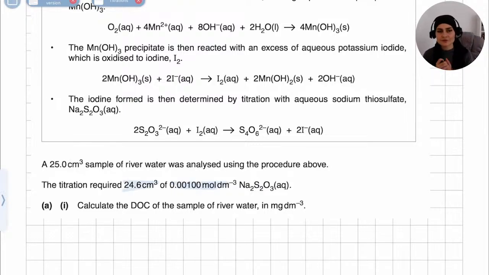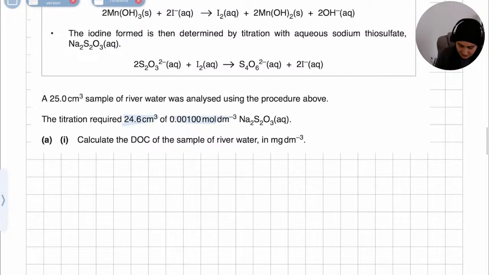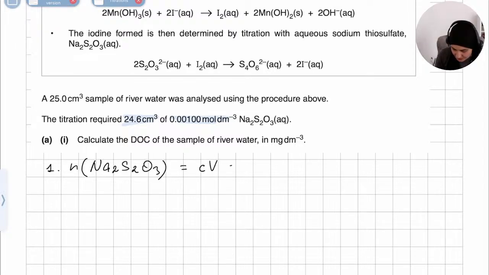So again, even if you're running out of time, even if you don't have the time to read the question, just find the moles, C times V. 1 mark is yours, out of 4, which is 25% in less than 30 seconds. So finding moles of Na2S2O3, C times V: 0.00100 times 24.6 over 1,000.